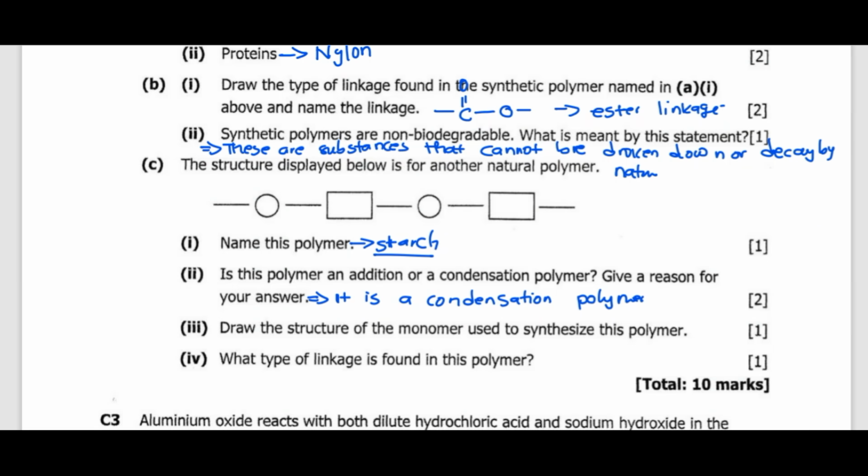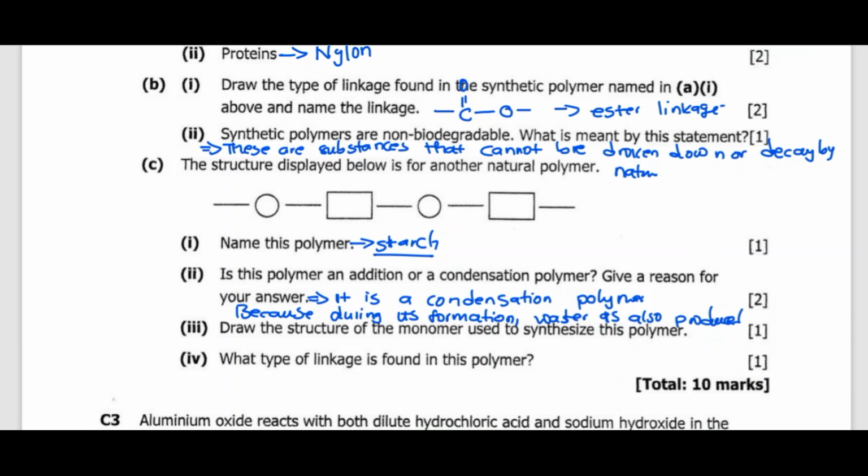Because during its formation, water is also produced. So under condensation polymerization, water is also part of the product.